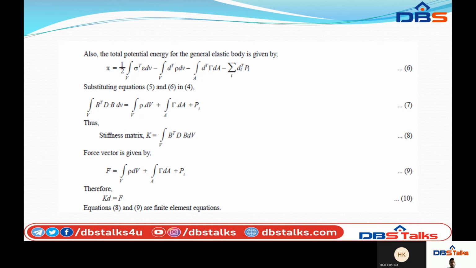Taking a point load P or body load P multiplied with x, we get the work done due to the external force, W equal to P into x. That is the principle of virtual work, and Kd equal to F is the finite element equation based on the principle of virtual work.